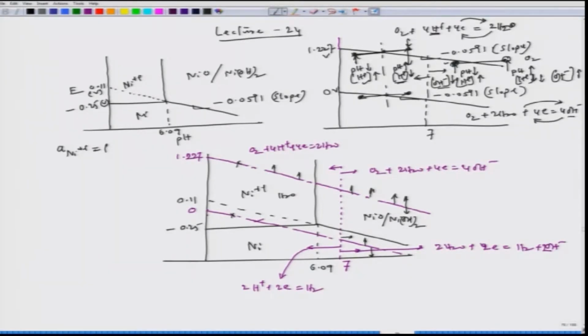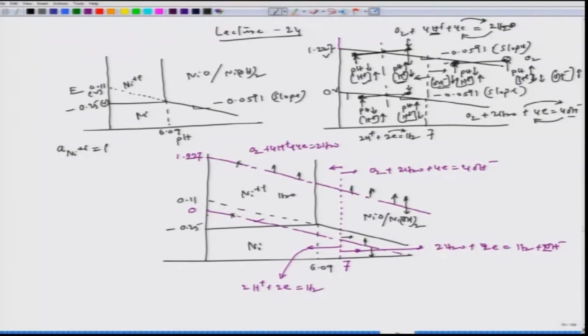Now, let us come back to these 2 points. Here pH is more and pH is less here. So, H plus ion concentration is less here and more there. If we consider this reaction, at this position, since the H plus ion concentration is more, the reaction would go this way, down the right side.